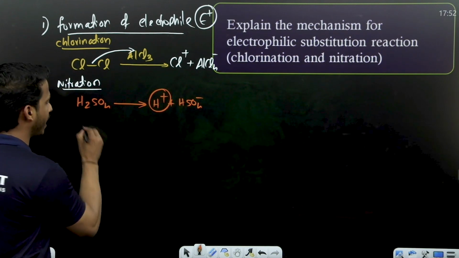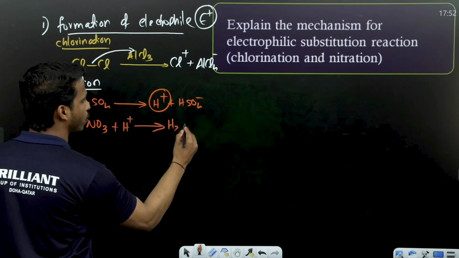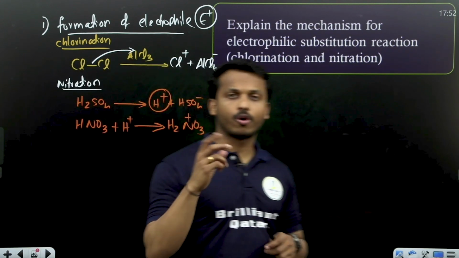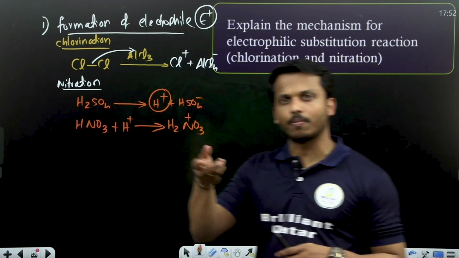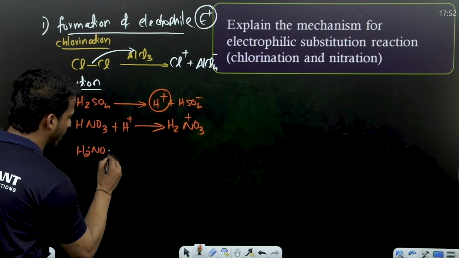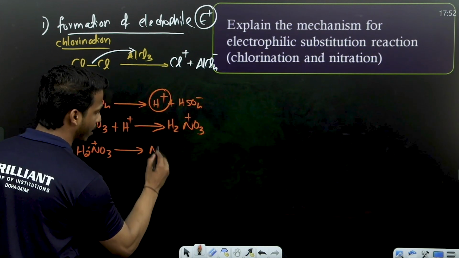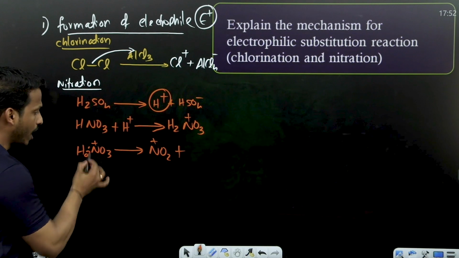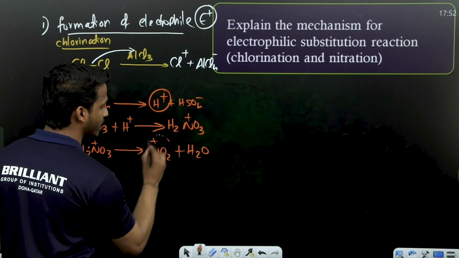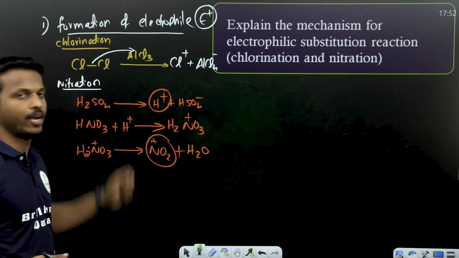This H plus is taken by HNO3, and it becomes H2NO3 plus. Later this H2NO3 plus breaks to give our electrophile NO2 plus. What is left? H2O. This is the way NO2 plus is forming. So this is the way chlorination gives Cl plus, and nitration gives NO2 plus.